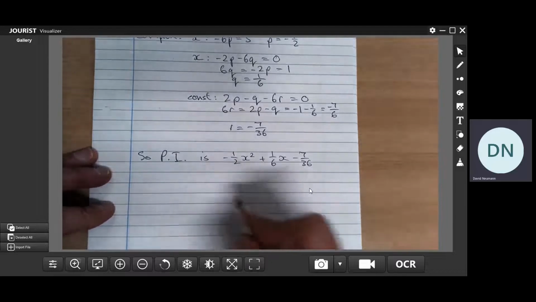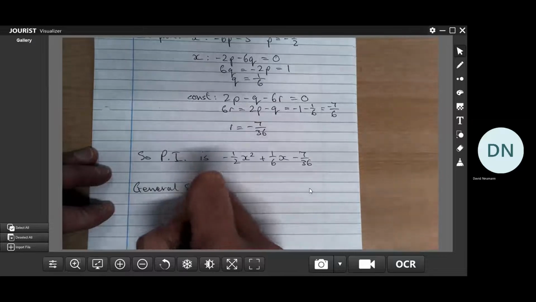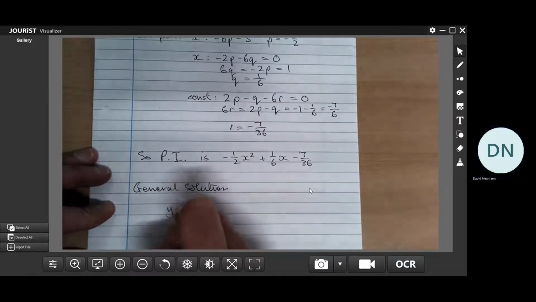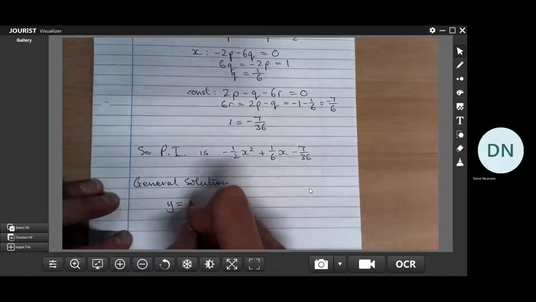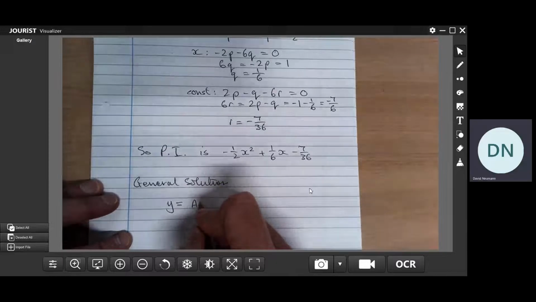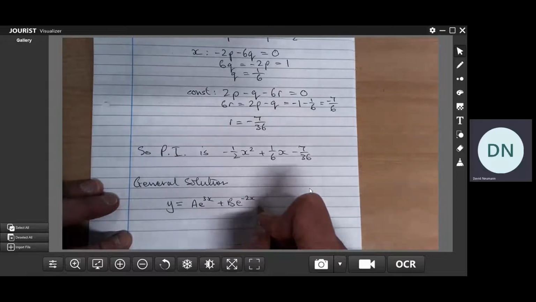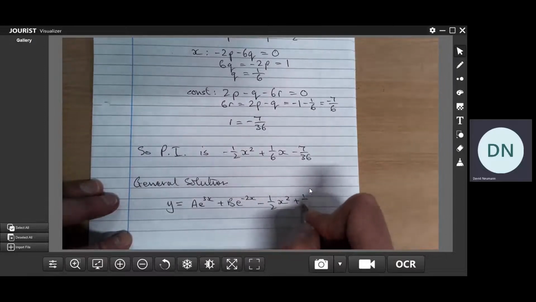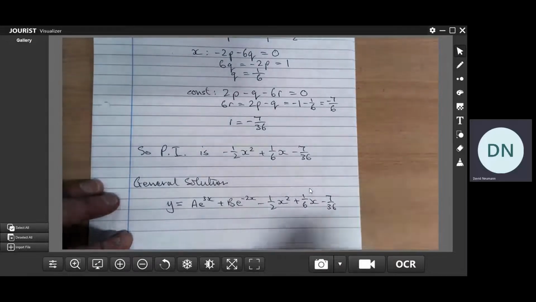And the general solution is y equals A e to the 3x plus B e to the minus 2x minus a half x squared plus 1 over 6 x minus 7 over 36.